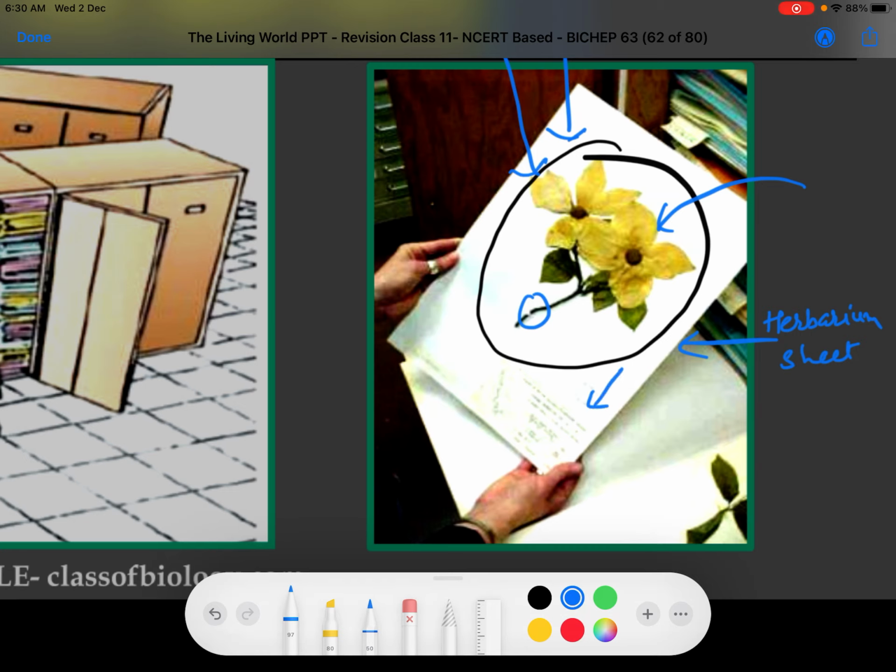On the right bottom corner, you are supposed to write all the necessary evidence and classification of that particular species of the plant.